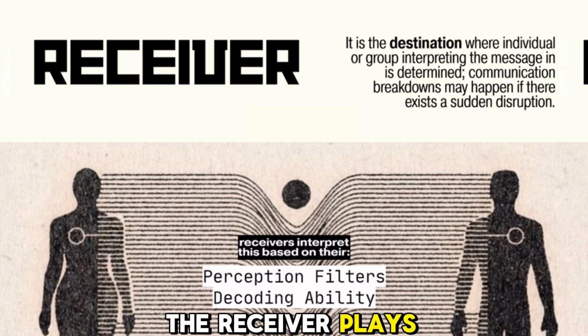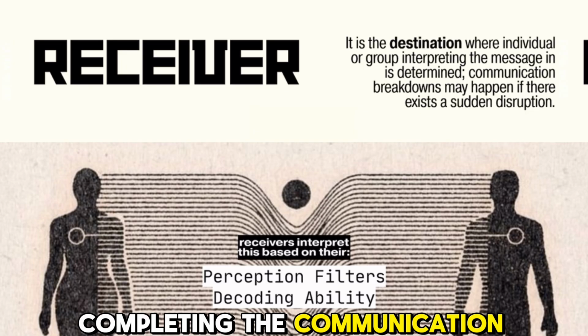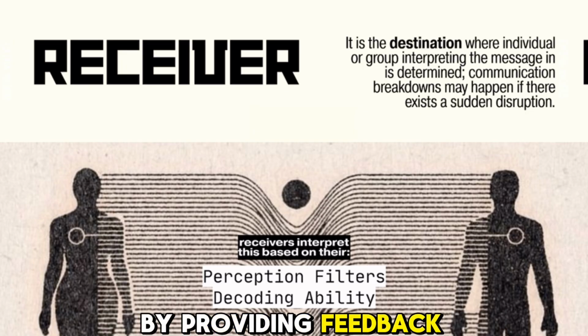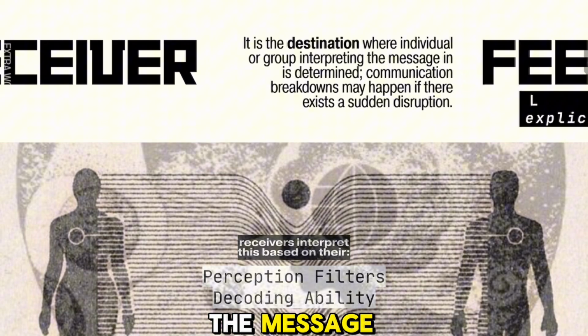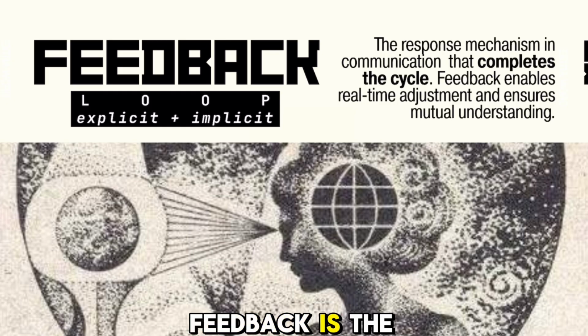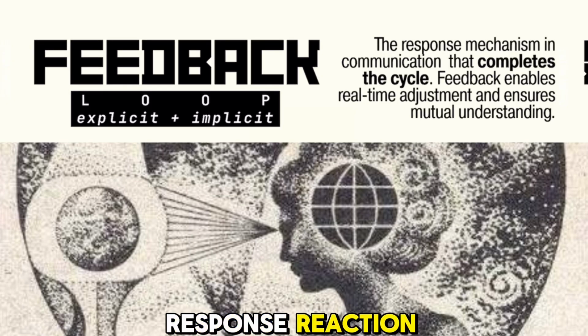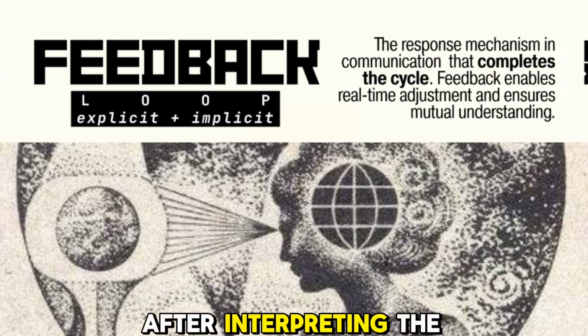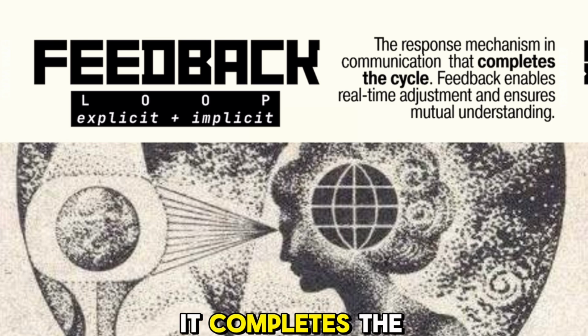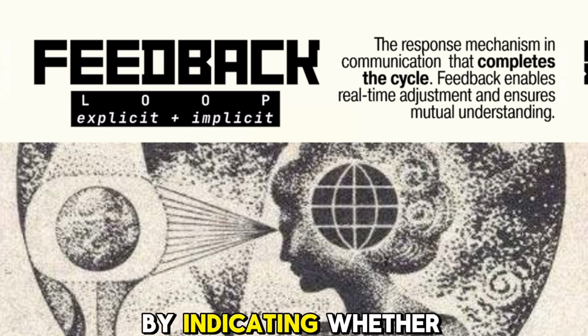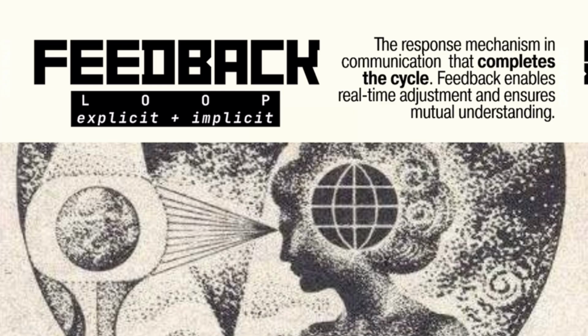The receiver plays a critical role in completing the communication loop by providing feedback or response to the message. Feedback is the response, reaction, or information that the receiver gives back to the sender after interpreting the message. It completes the communication loop by indicating whether the message was understood, accepted, or needs clarification.